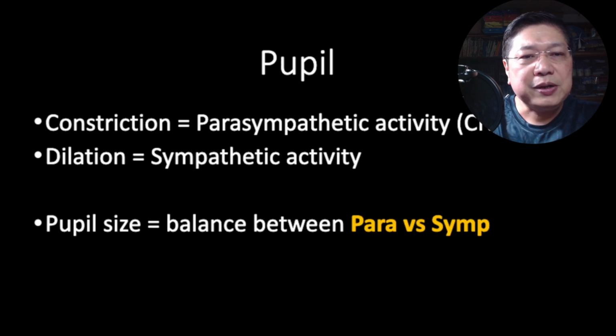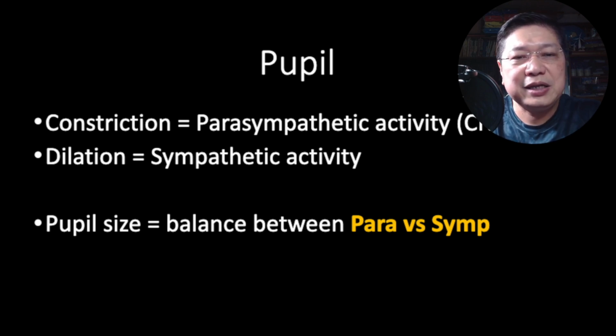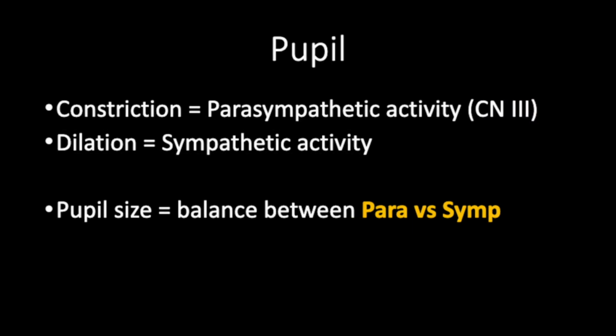Okay, and the pupil basically is controlled by the balance between the parasympathetic and the sympathetic activities in the eye. The parasympathetic activity is basically constriction of the pupil, and the dilation is from the sympathetic activity by the sympathetic nerves.